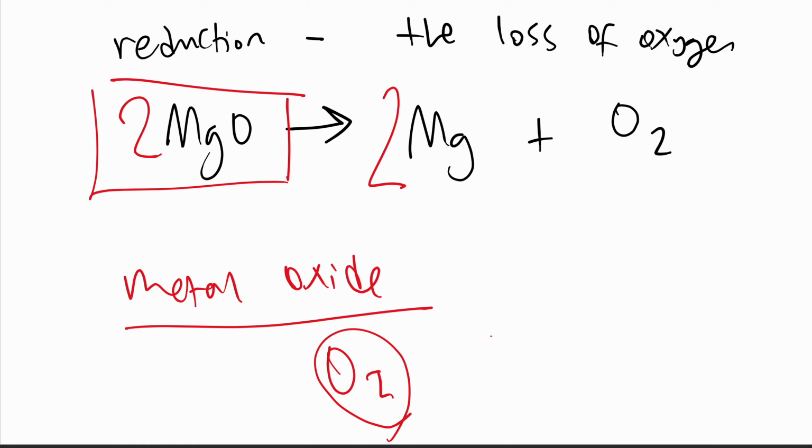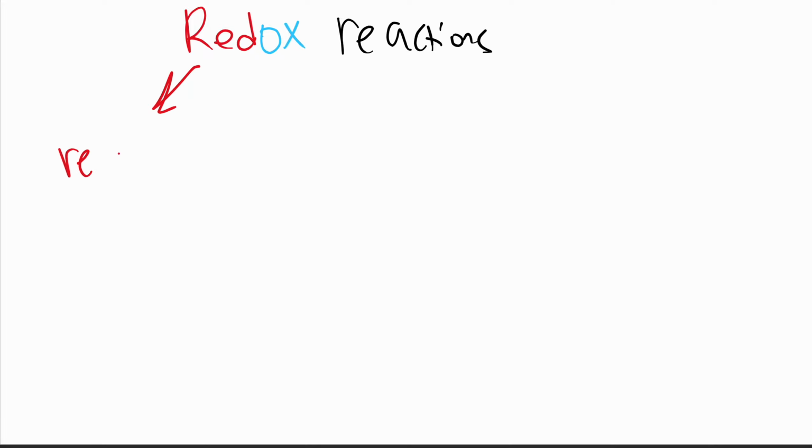But reduction and oxidation can have a double meaning as well. There's another meaning, and that's what you'll learn in redox reactions. I'll go in depth about redox reactions in another video too, but it's basically when reduction and oxidation occur simultaneously in one reaction.